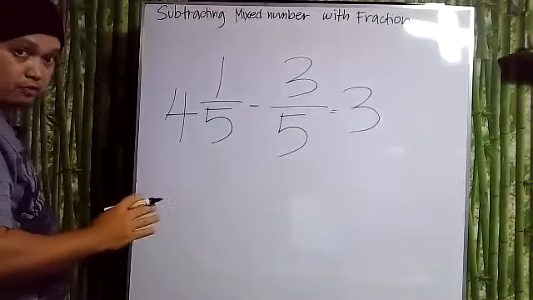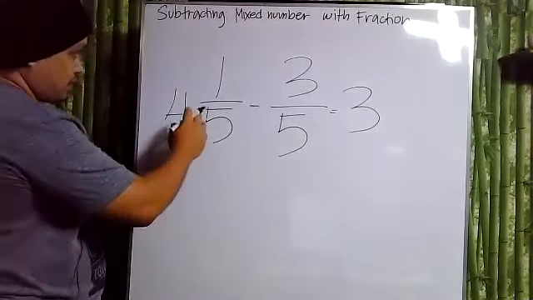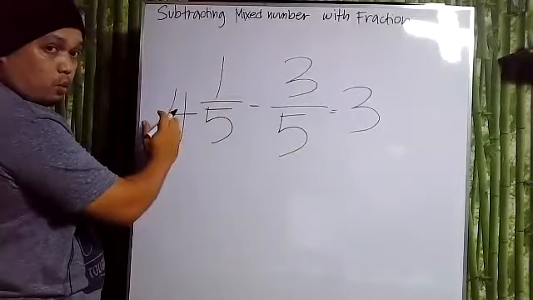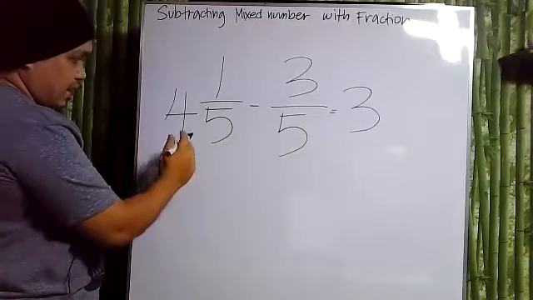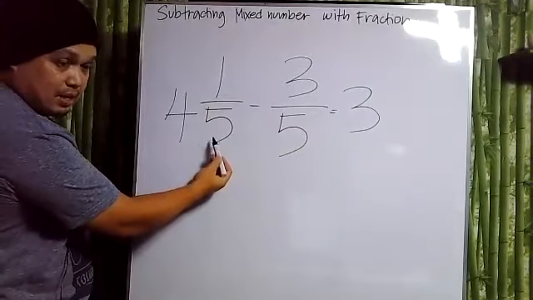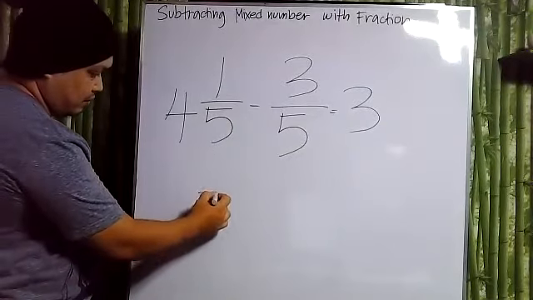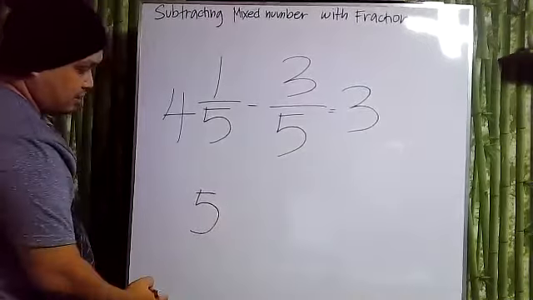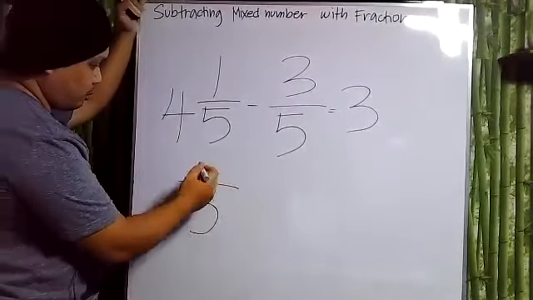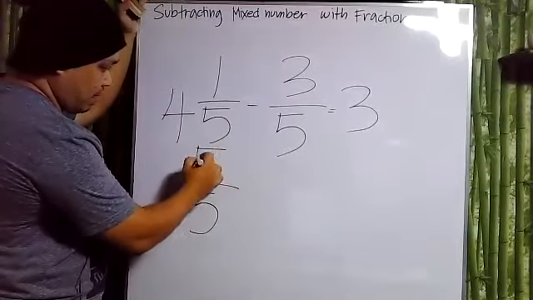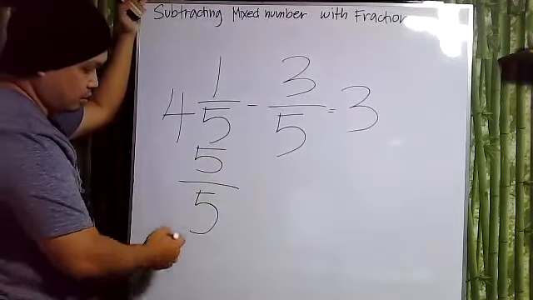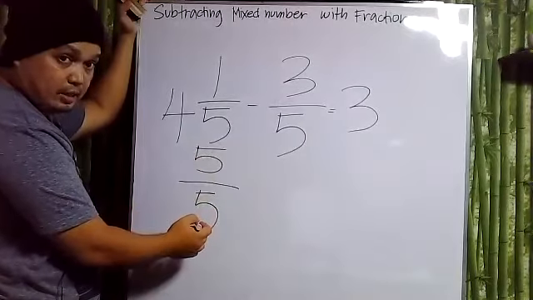Now, in fraction form, 1/5 here is gonna borrow 1 from 4 here. How? In fraction form, by copying the denominator, which is 5. And to make this 1, we must need 5 also for our numerator, because 5 over 5 is 1.